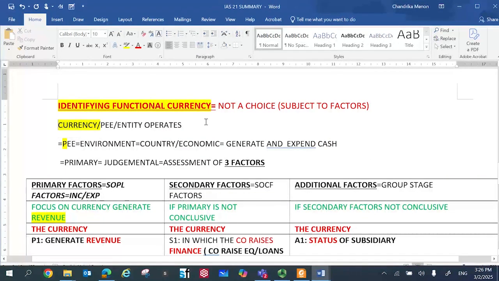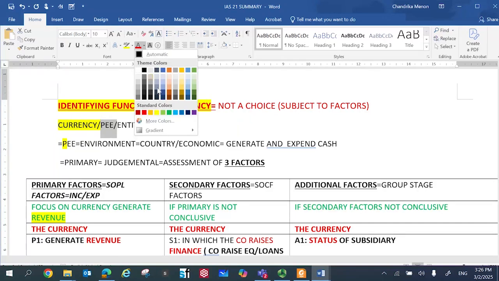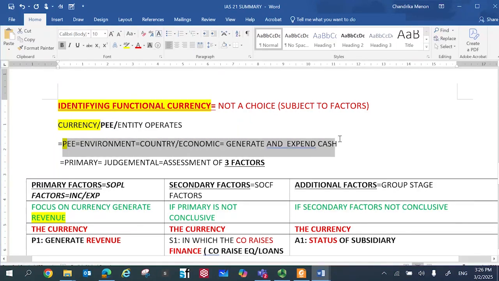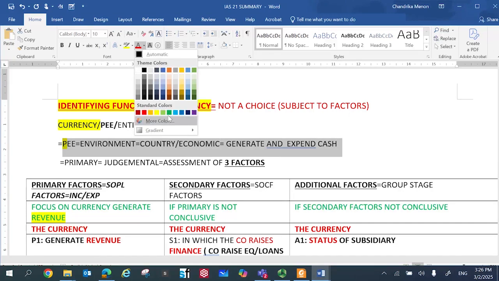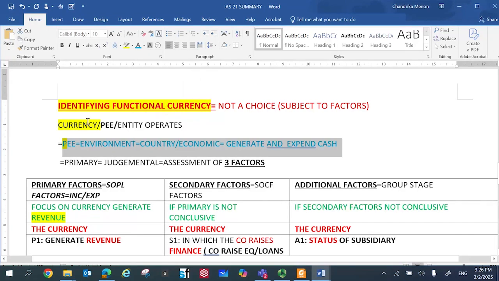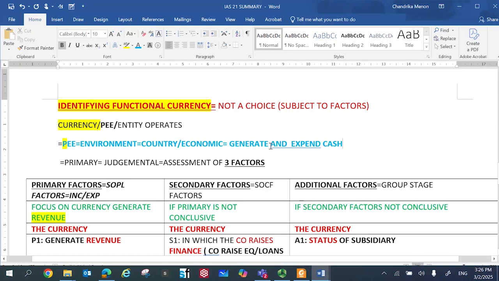It is the currency of the primary economic environment in which the entity operates. Now observe what I'm doing. Put PE in blue. So what is PE? Simple. It is the environment or the country in which the company generates and expends cash.